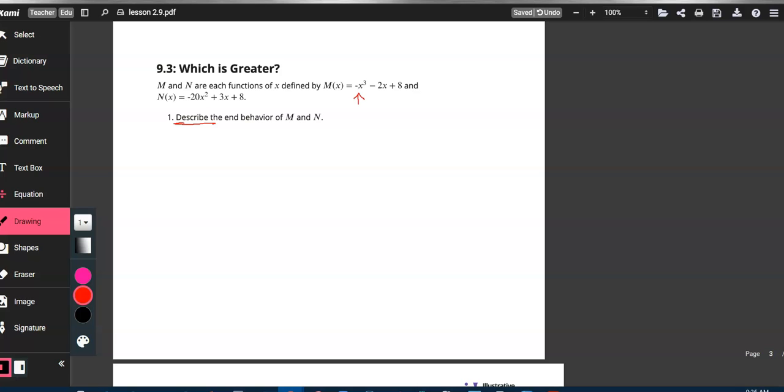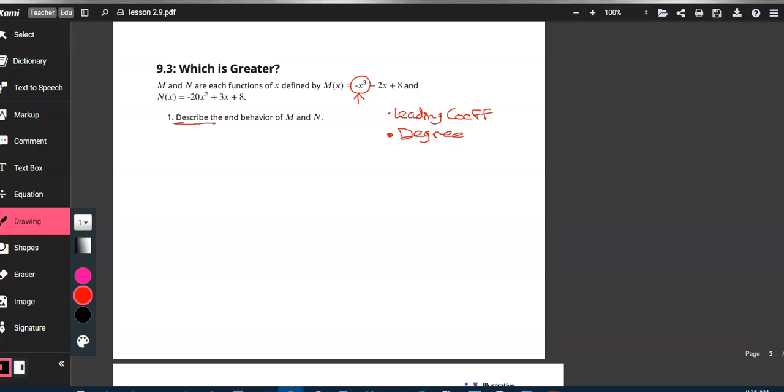So look, we have m and n are functions of x defined by, so m of x is this and n of x is this. In order for you to describe the behavior, you need to focus on the leading coefficient and the degree.